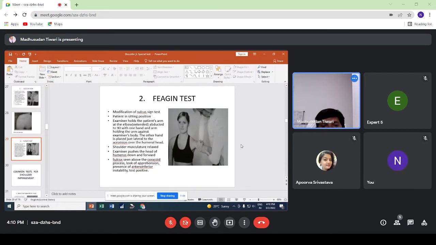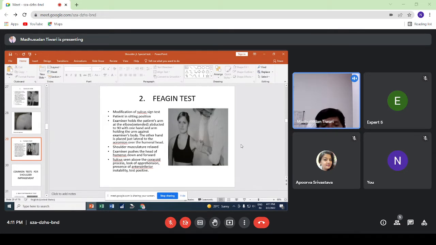The patient will be in sitting position. The examiner holds the patient's arm at the elbow, with the elbow in extended position, and the arm abducted to 90 degrees, holding the forearm against the examiner's body.